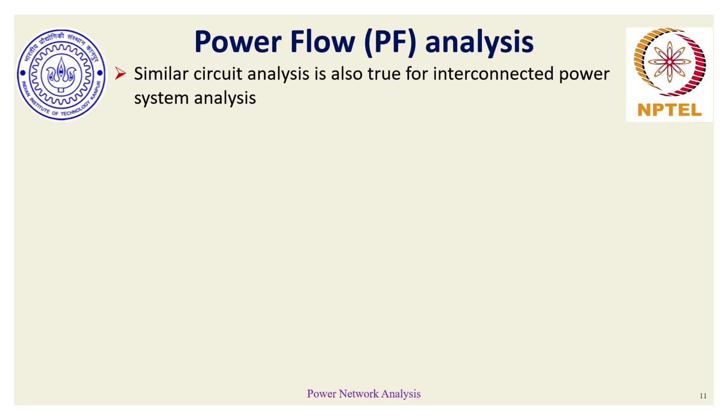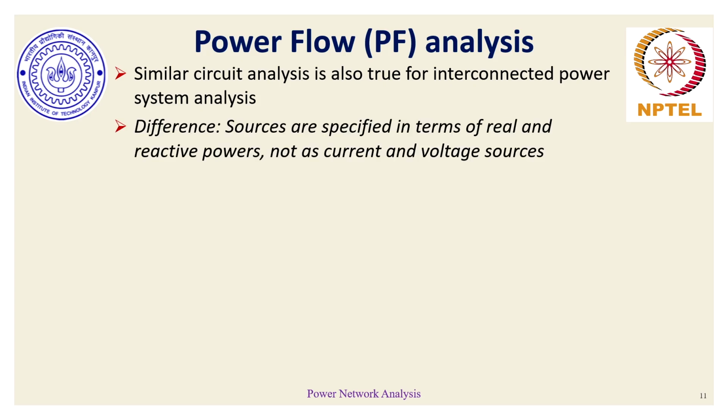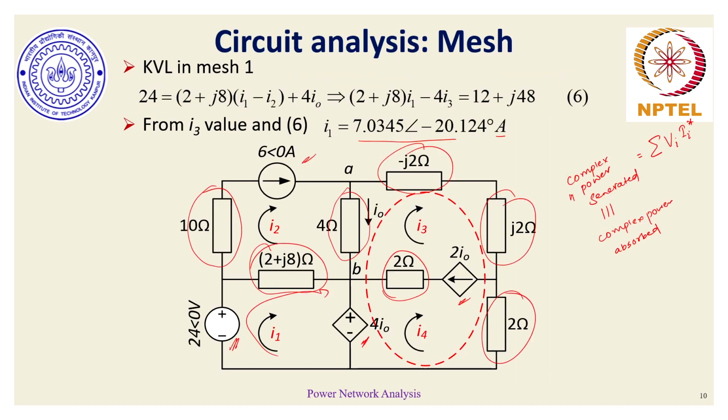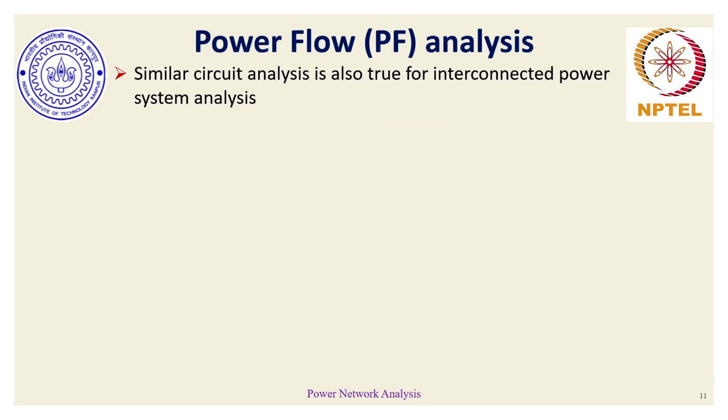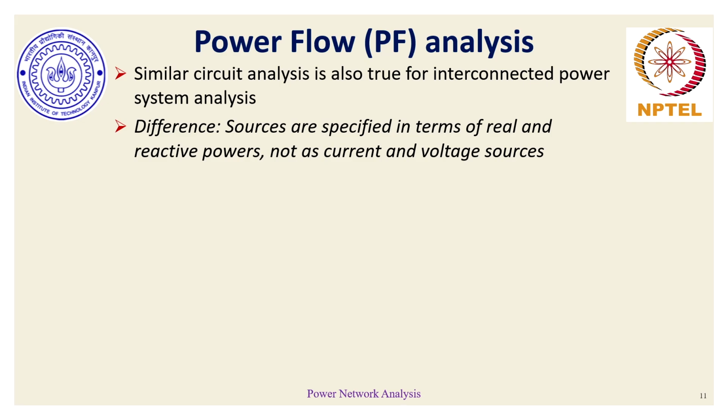Coming to power flow analysis, the question remains: can a similar circuit analysis not be applicable for the interconnected power system? Probably yes, it should be possible, but the major hurdle in applying circuit analysis to an interconnected power system is that the sources, unlike in the previous circuits where we had assumed them to be voltage or current sources, are not known in terms of only voltage and current in an actual power network.